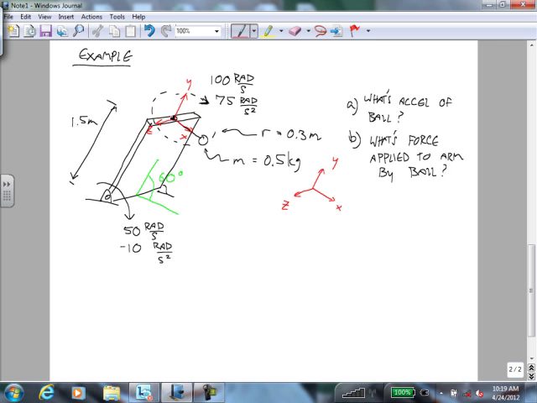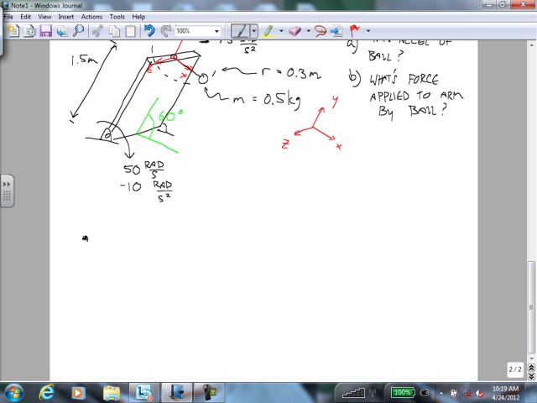But then you have to deal with the acceleration of the origin. So the acceleration of that ball is going to be equal to the acceleration of the origin plus the acceleration of the ball according to the origin. We have to do a rigid body rotation to figure out the acceleration of the origin.